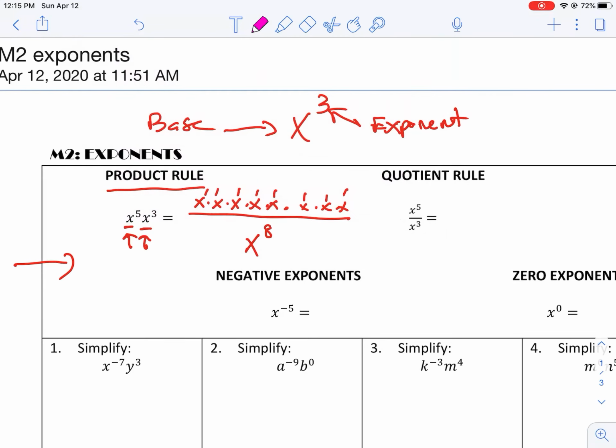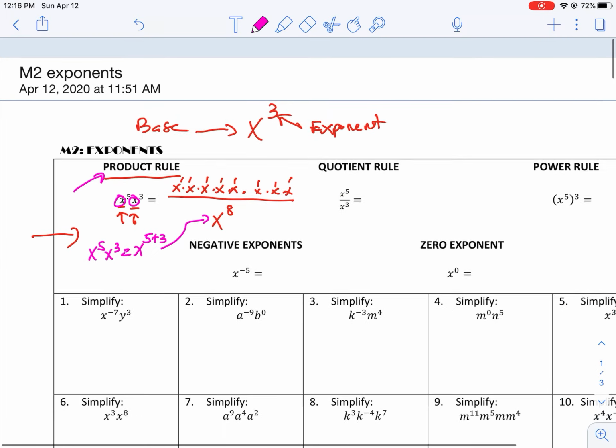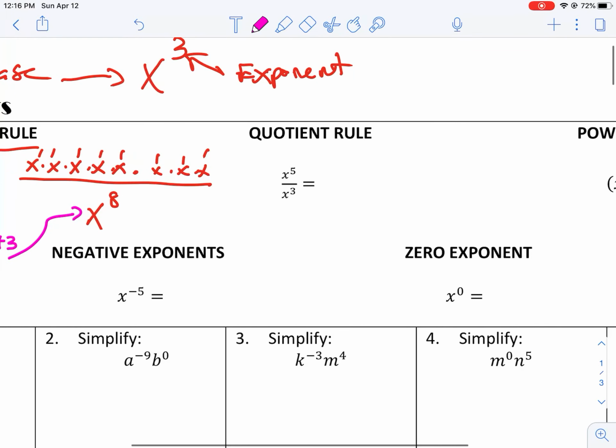So really when you have like bases, you take x to the 5th, x to the 3rd, and add the exponents. 5 plus 3 gets us x to the 8th. It's the same thing. So the product, multiplication, is add exponents.